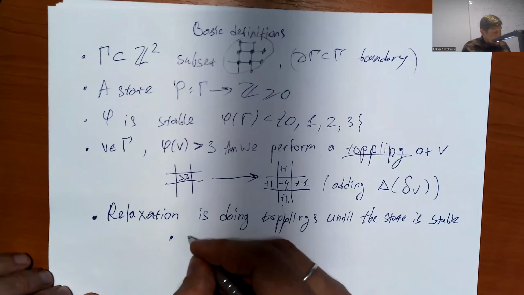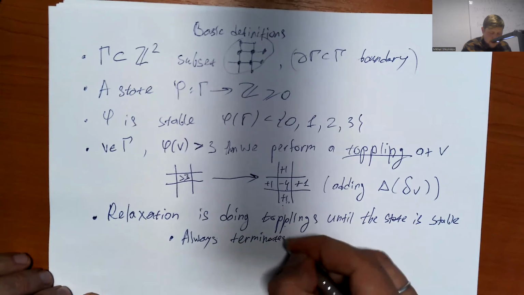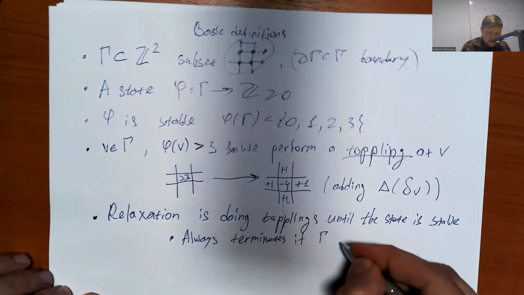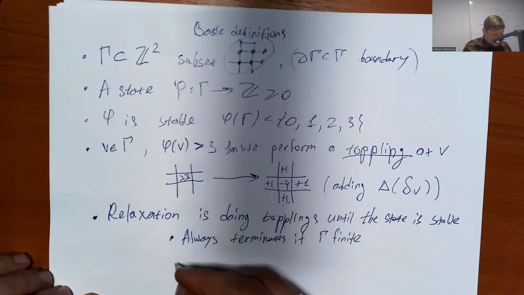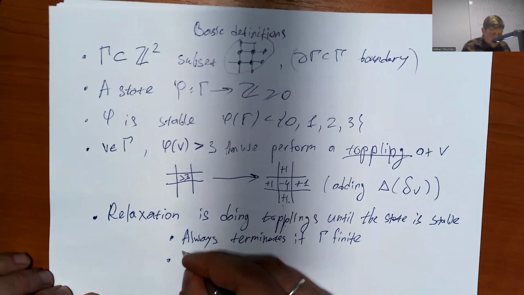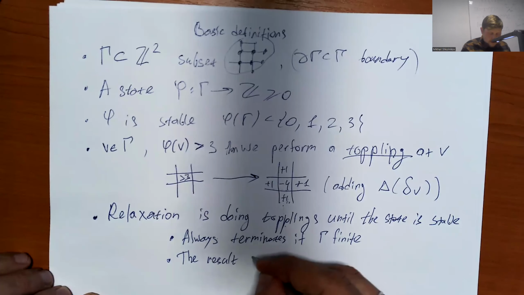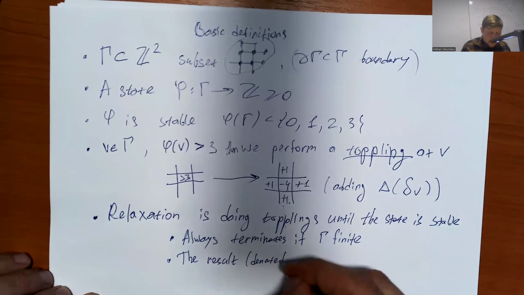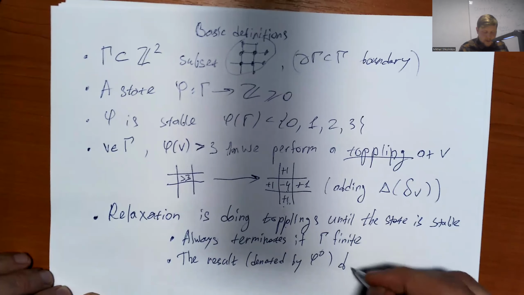This relaxation always terminates if the set is finite, and the result of the relaxation, denoted by phi 0, doesn't depend on the particular order of topplings.